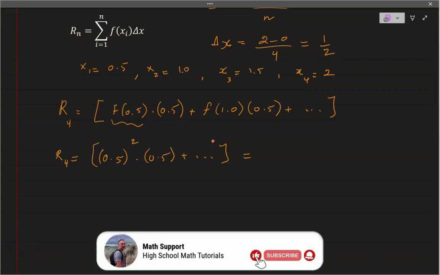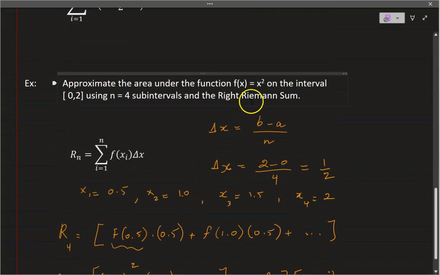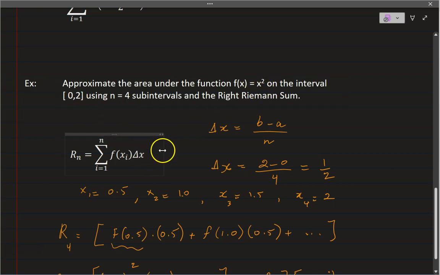When you add them all up, that is equal to 3.75 units. Whatever the unit is, that's the area under the graph of f of x equal to x squared, within the interval 0 to 2.